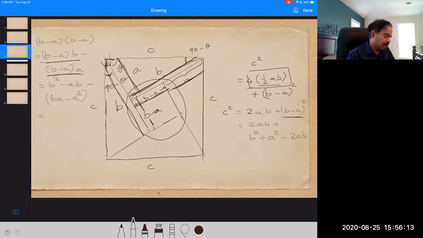So then you simplify, then this minus and this minus are going to cancel out. And then this simplifies to b square plus a square minus ab, and this minus ab goes here, and so you get minus 2ab, right?